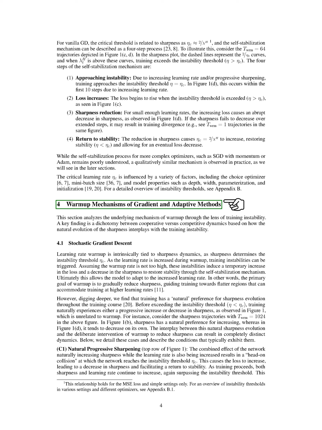The critical learning rate is influenced by various factors like the choice of optimizer, mini-batch size, and model properties. Section Summary. In this section, we define the sharpness as the maximum eigenvalue of the Hessian of the loss at a given training step, and introduce the concept of preconditioned sharpness for adaptive optimizers.